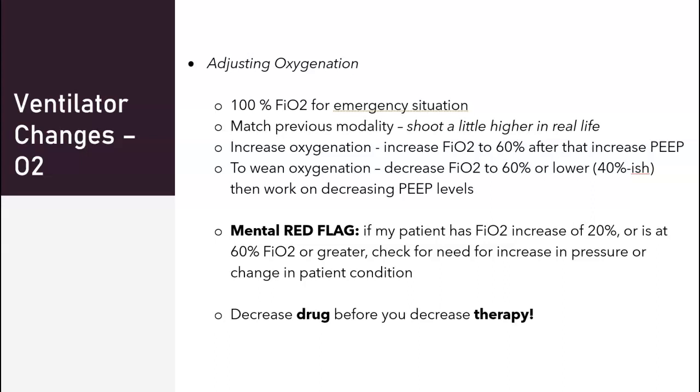Is my patient getting sick? Do we randomly have some pneumonia starting? What's going on? Why is my patient having increased oxygen needs all of a sudden? That increase of 20, or if all of a sudden we're up to 60%, that's when I start getting alarm sirens.